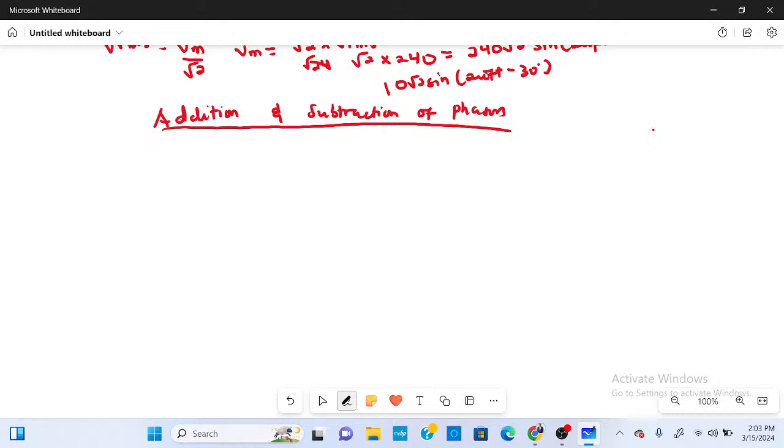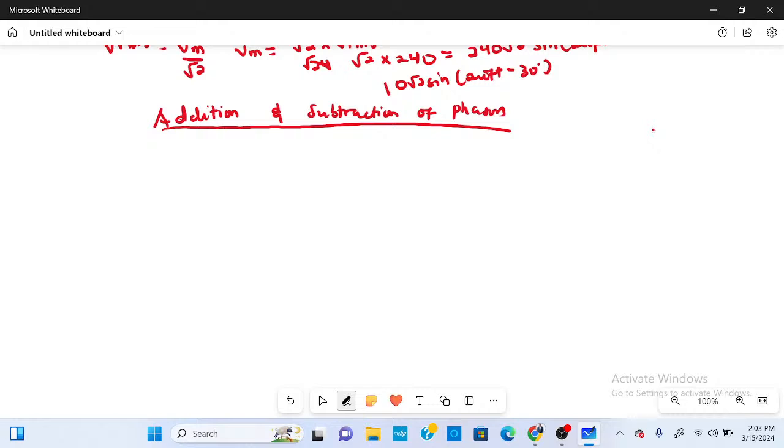So how do we add phasors? Phasors are not just scalar quantities. They have directions and they also have magnitude. Because of that, you need to express them into their respective components before addition or subtraction can be done.